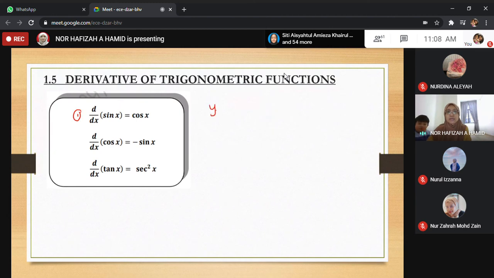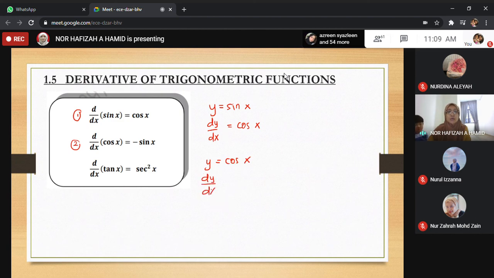So for example, you have y equal to function sine x and dy over dx. You need to differentiate sine, which is cos x. For formula number 2, for example, the function is cos x, so y is equal to cos x, and differentiate dy over dx or y prime is equal to negative sine x.